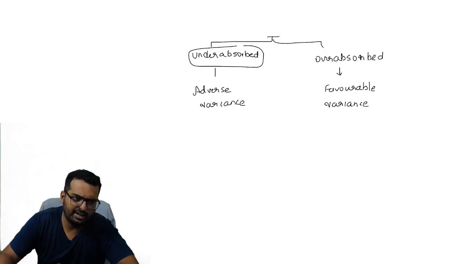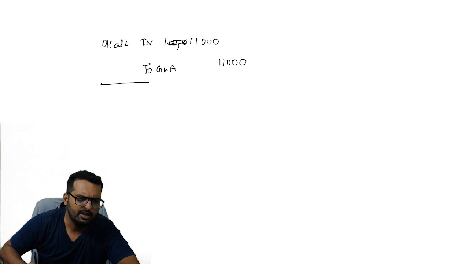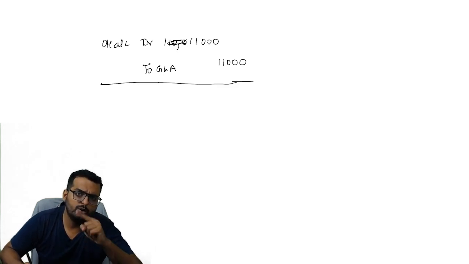I'll show you the journal entry. I don't know if you remember the cost accounting systems chapter in your inter. There was an entry called overhead control account debit. First, it will come to 11,000, to general ledger adjustment. Do you remember that ledger? Now what happens is out of this only 5,000 is absorbed. So only 5,000 will go to work in progress.